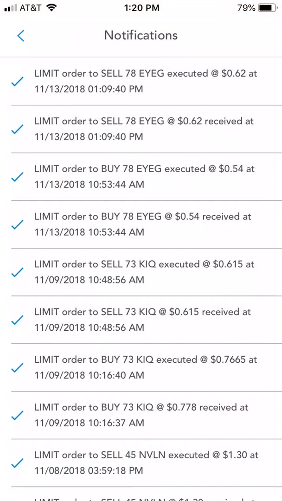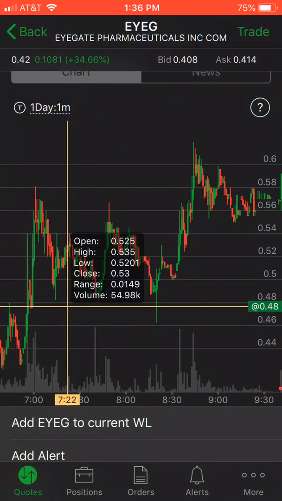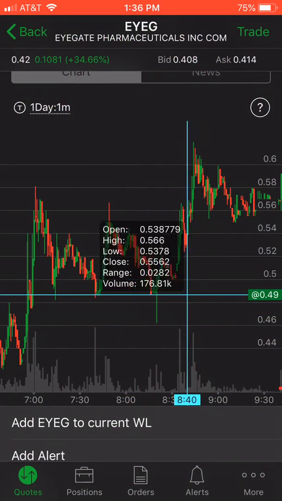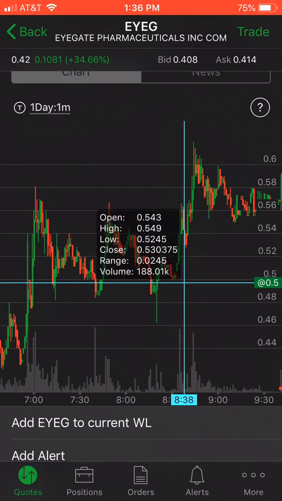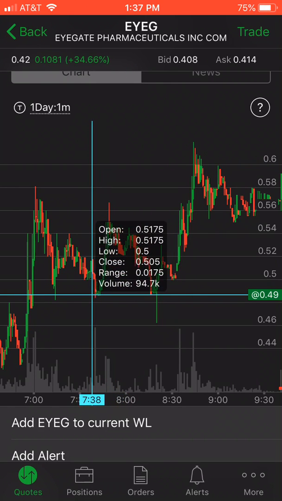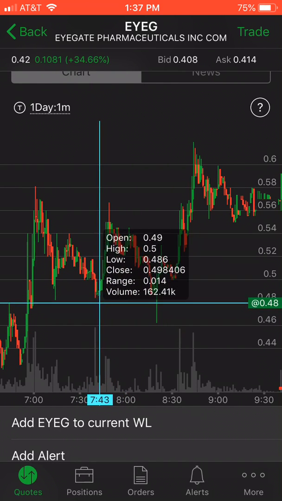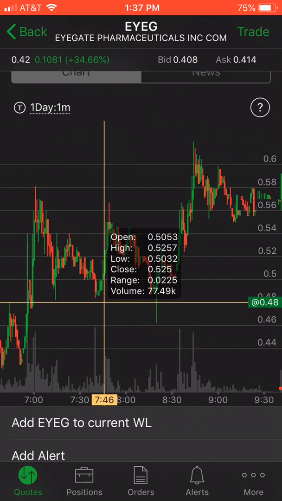So the trade, so let's see here, it says I bought and got executed at 10:53. But on here it's showing California time, so minus 3 hours difference. So around here, 10:40, wait, let's see.